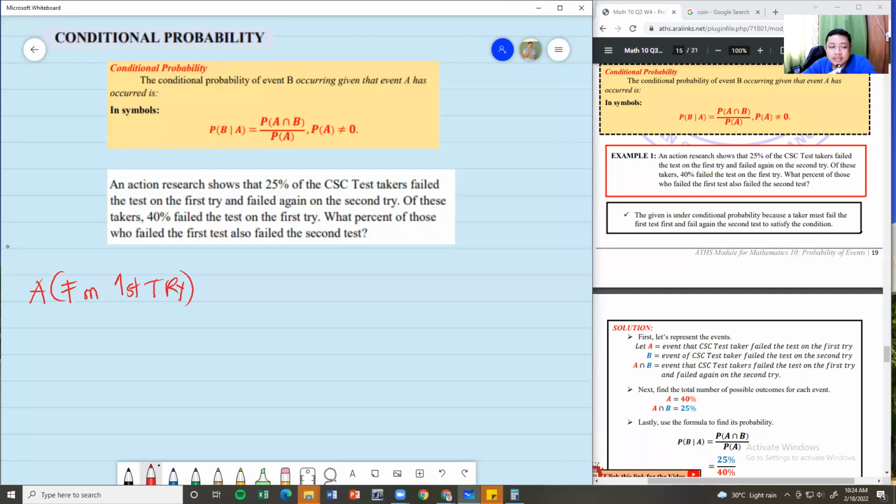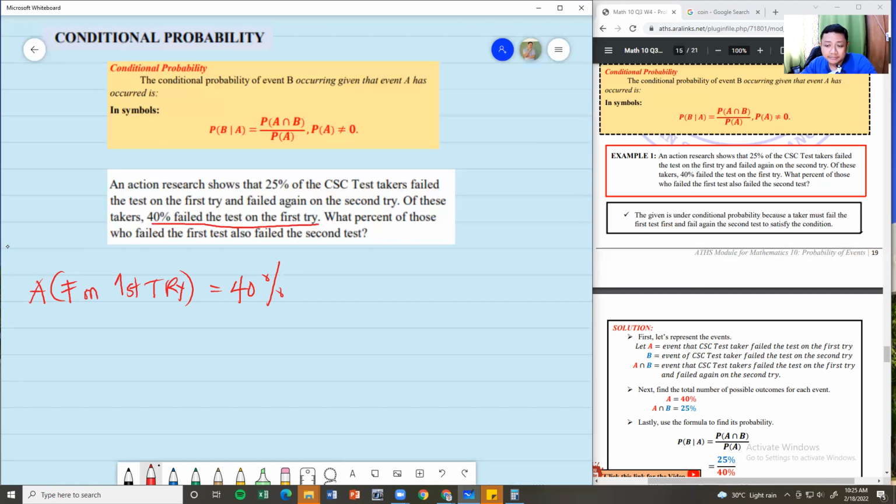The event wherein the test takers failed on the first try is 40%, because that is the only thing stated here, based on our given. We just have to organize our given.